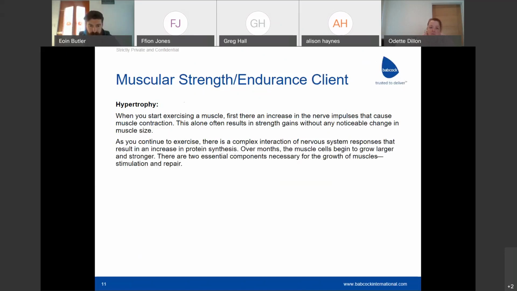As you continue to exercise, there is a complex interaction of nervous system responses that result in an increase in protein synthesis. Over months, the muscle cells begin to grow larger and stronger. There are two essential components necessary for the growth of muscles: stimulation, first of all, and the repair.